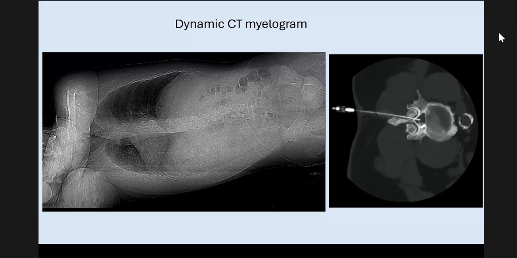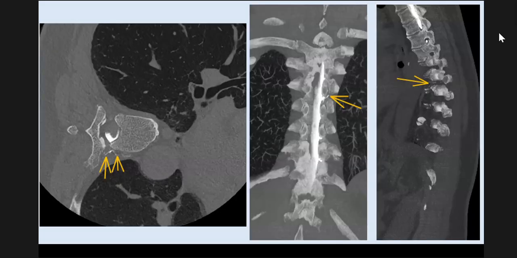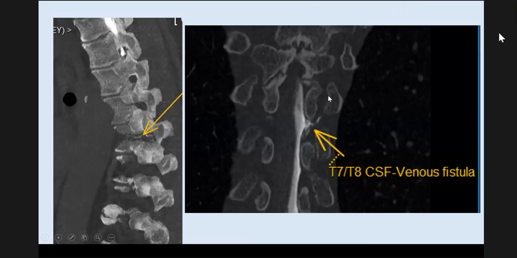We wouldn't have done a dynamic CT myelogram if the patient had not had a blind blood patch. And this was the lumbar puncture at L3, L4 level, injection of contrast, and immediately after the injection of contrast into the thecal sac, the first run, whole spine CT showed this abnormal filling of the veins, demonstrating the CSF venous fistula.